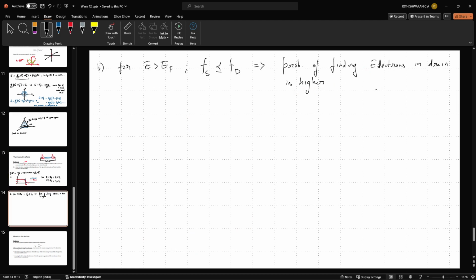So this implies in this temperature setup, the electron concentration is higher in the drain than in the source.